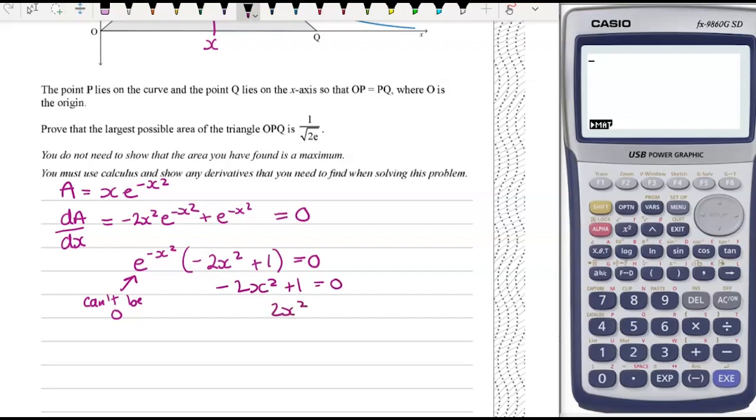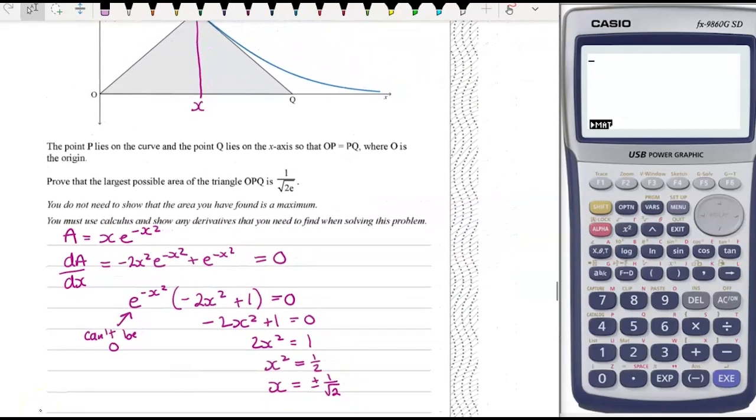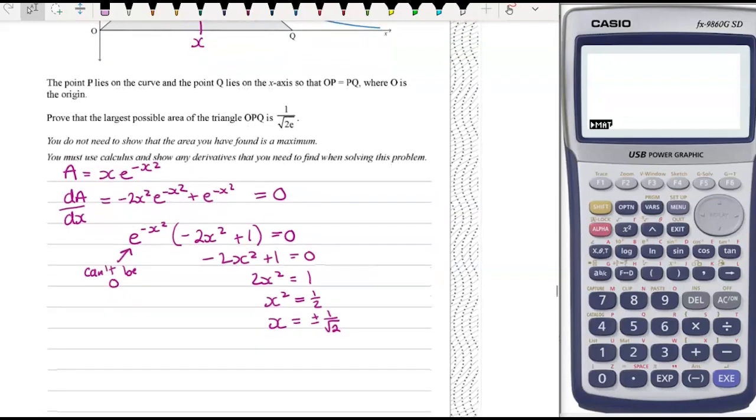So 2x squared equals 1. x squared is a half. So x is plus or minus 1 over root 2. Okay, now thinking back to the question again, we're finding this area. x is here on the positive axis, so therefore x must be the positive one of those solutions. So x is 1 over root 2.